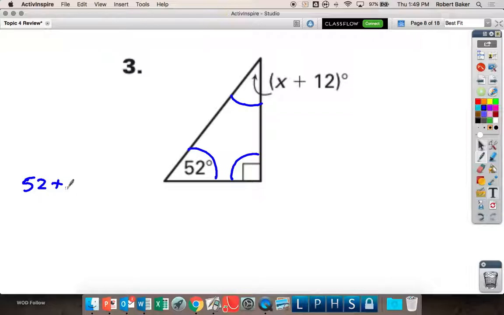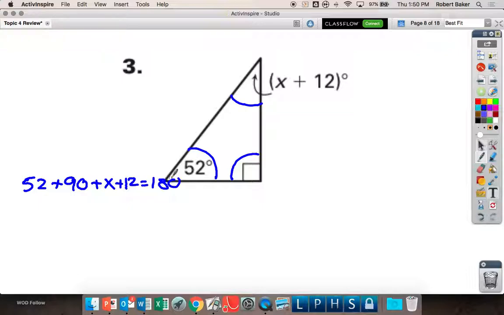How big is that? 90. Just checking. Very repetitive mathematics here, right? Now, how do y'all feel about that equation? I think it's icky.